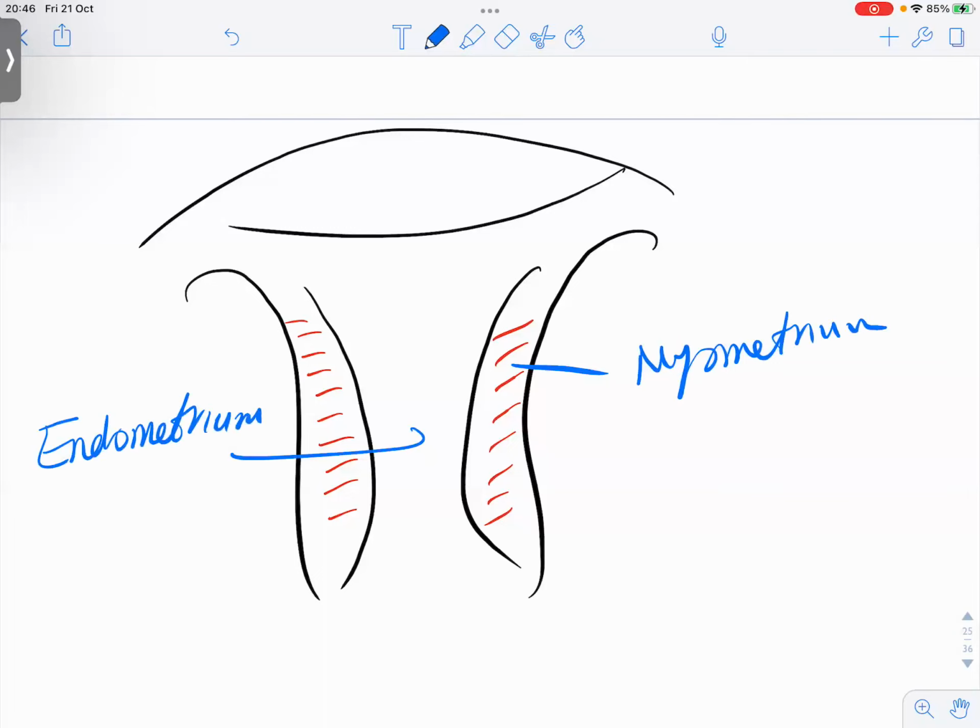When a girl gets pregnant, of course, the uterus will be different, will be increasing in size. Why? To be able to contain the baby, the fetus.